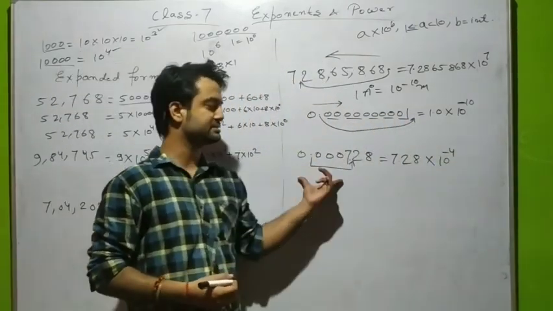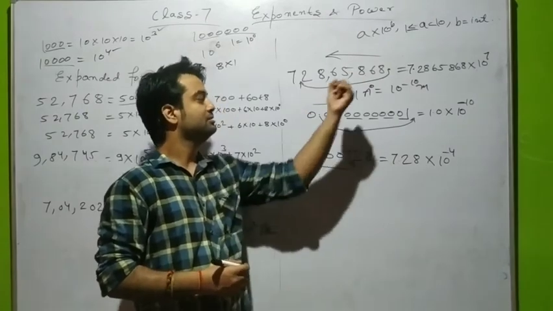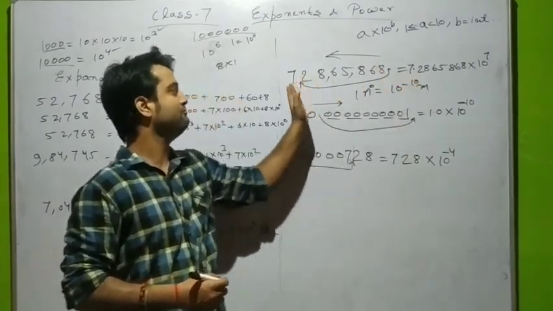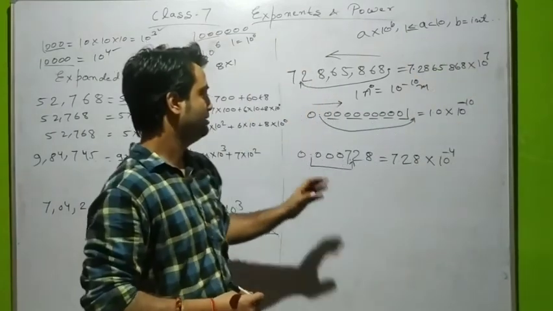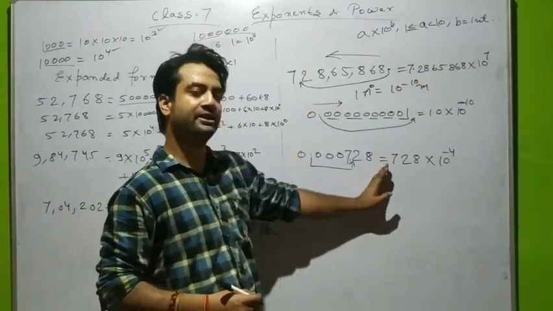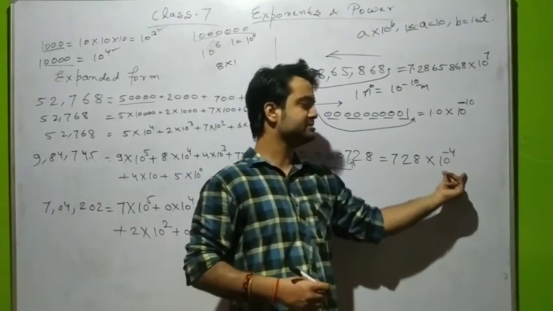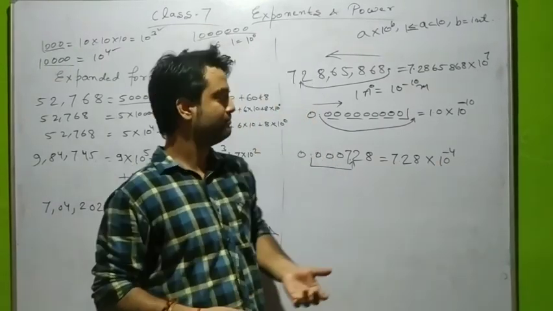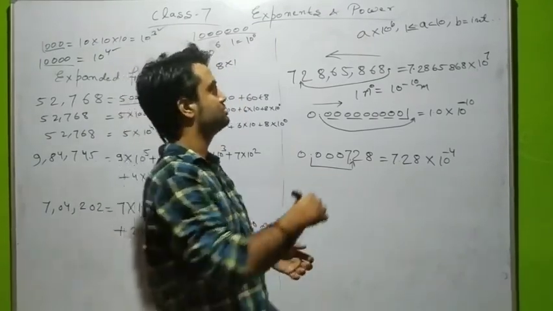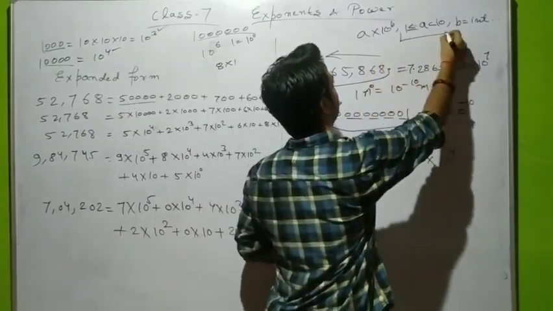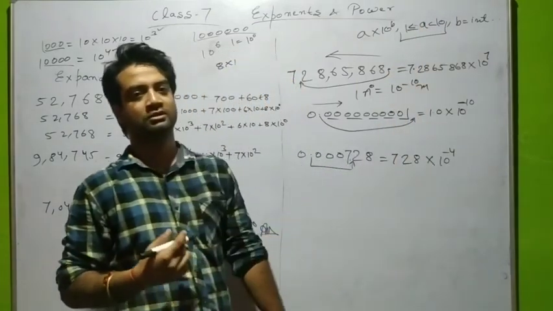I hope the picture is clear now: when the decimal goes from right to left, we write positive powers. When the decimal goes from left to right, then 10 gets negative powers. And all we do is shift the decimal so that A gets a value between 1 and 10.